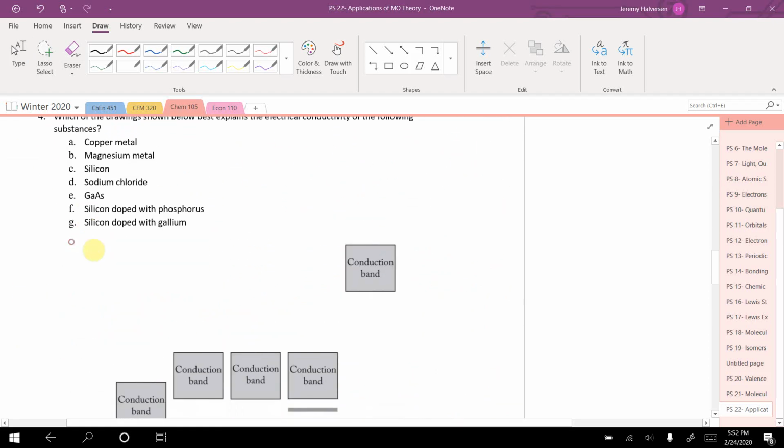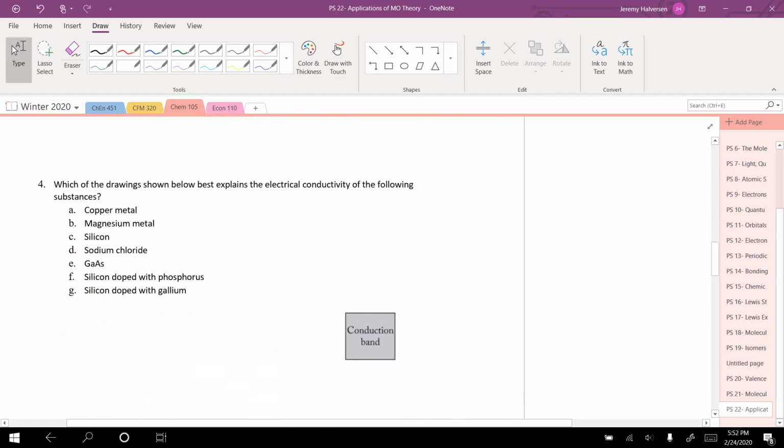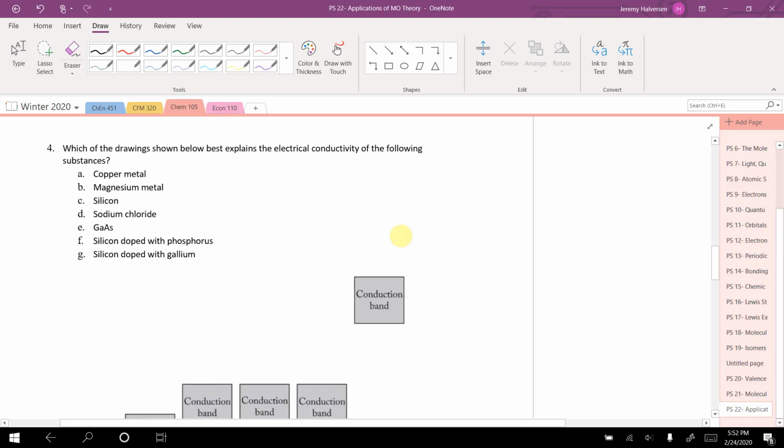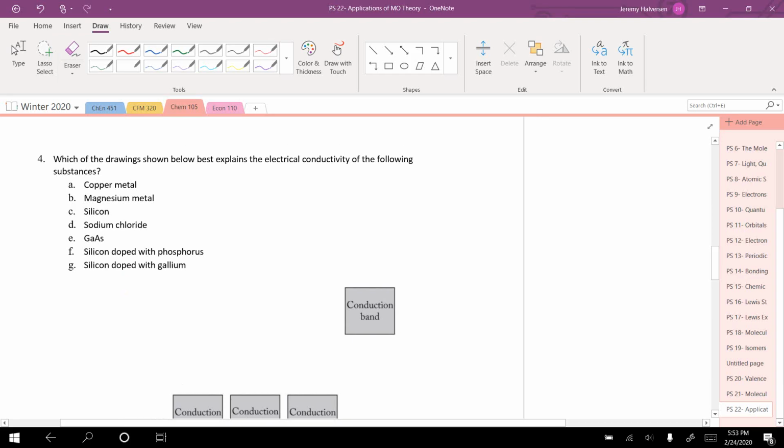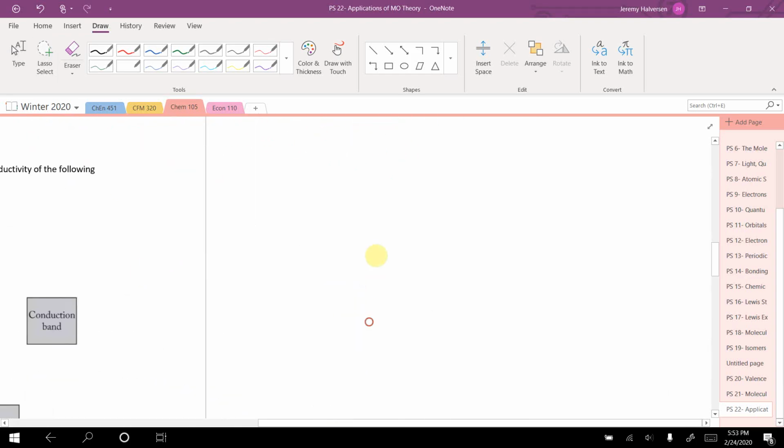Awesome. So let's do some application of this. We also need to talk about what it means to dope our metals. So let's talk about that a little bit. Let's say that we have a block of silicon. Silicon is right under carbon.